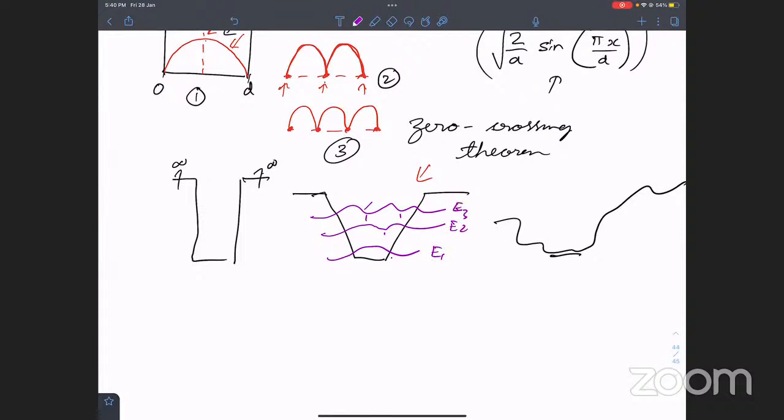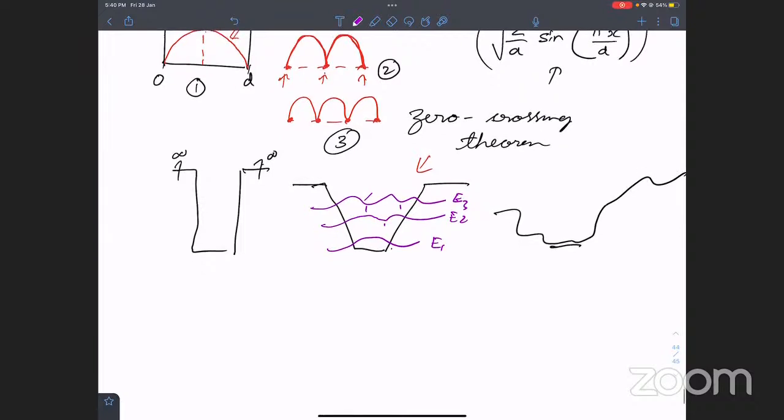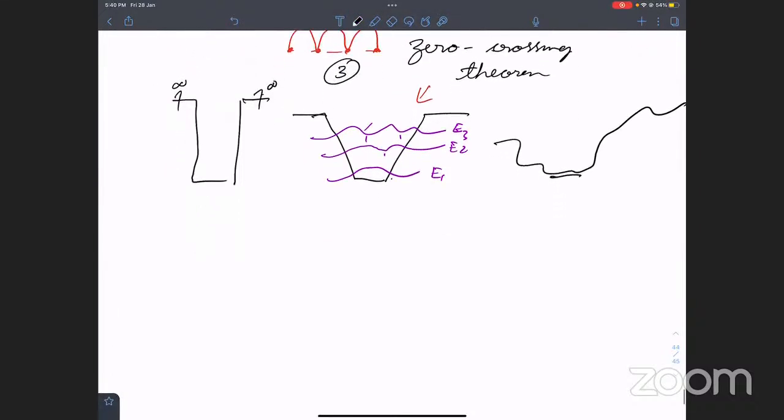So in general wells also, not only this. Now we are talking about a one-dimensional potential well. Not only this, the zero crossing theorem is very powerful, so powerful that we can consider a three-dimensional potential well, or even more than three-dimensional potential wells. More than three-dimensional potential wells, for example, come into picture.